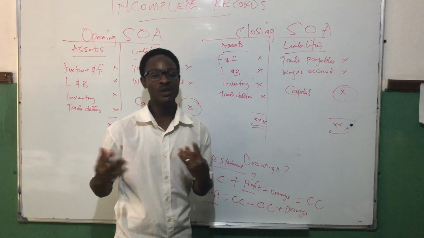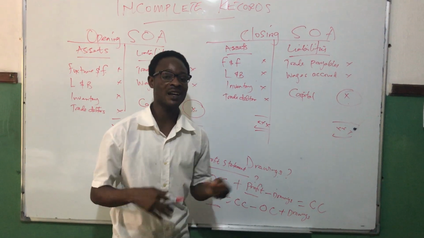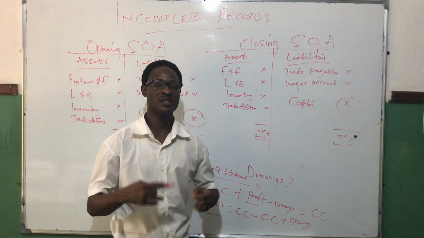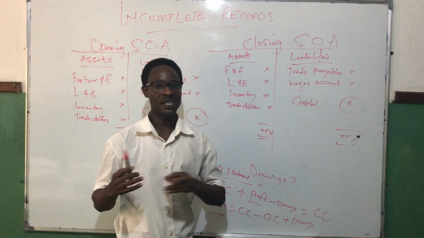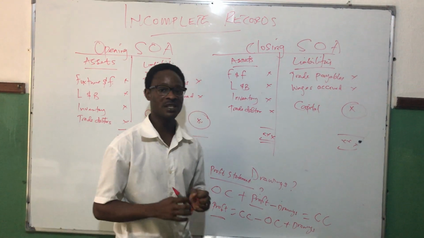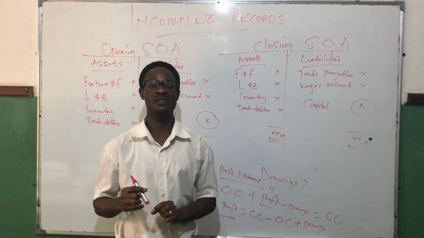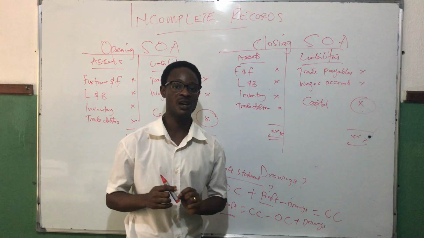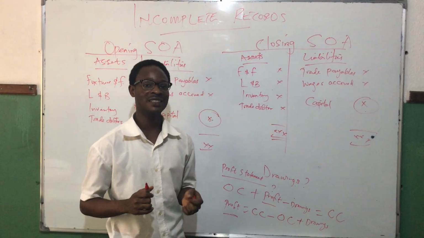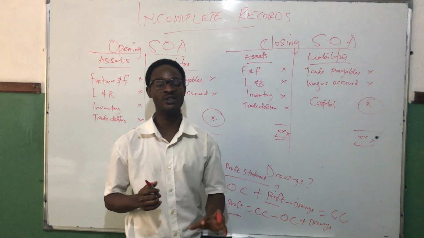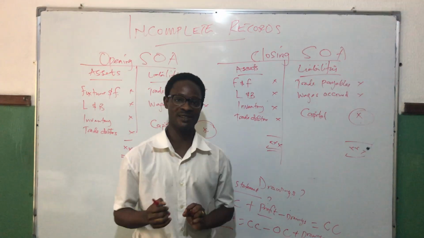However, if the bookkeeper or the person that prepared the accounts for the firm goes a little further to give us the cash book statement, then it is very easier now to prepare normal income statement and still know financial position. However, that is still incomplete if the cash book does not give us sales and purchases.